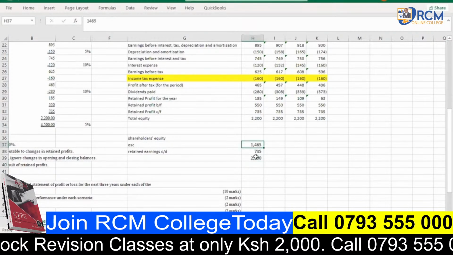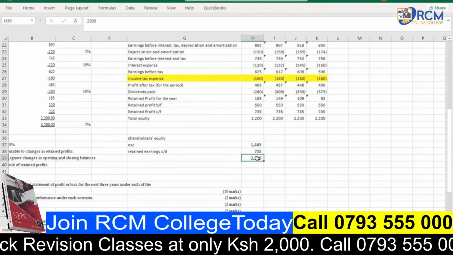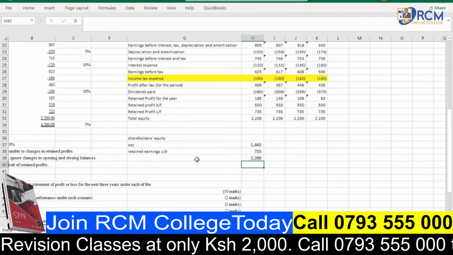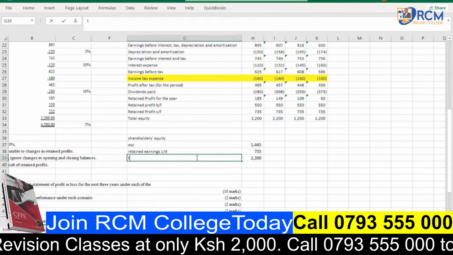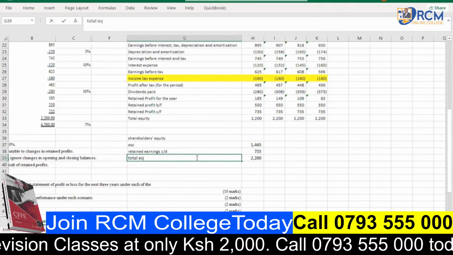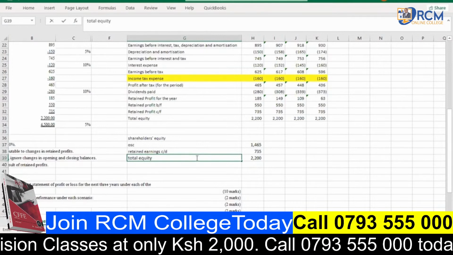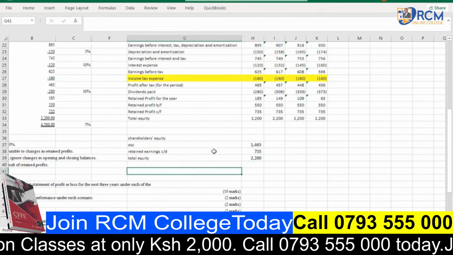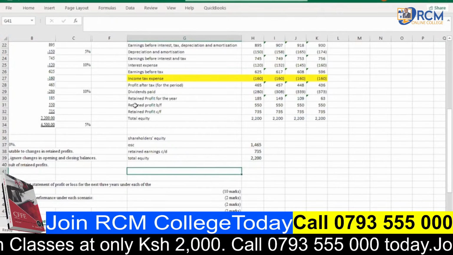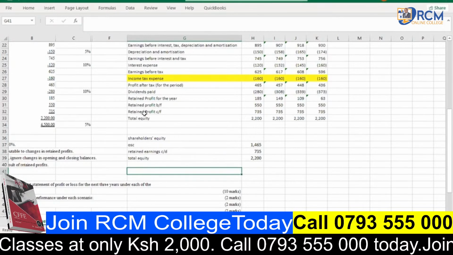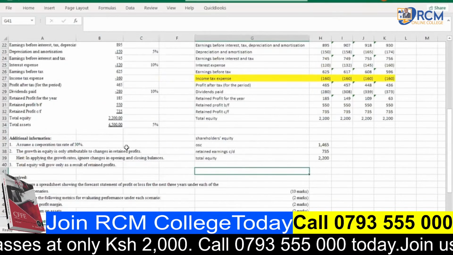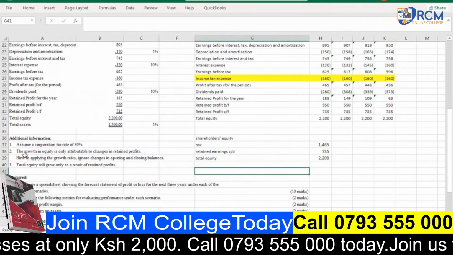So it means if I bring 1465 and add these two, I will be able to get my shareholders' total equity. Total equity is equivalent to 2,200. And the examiner is telling you something that is very interesting here.